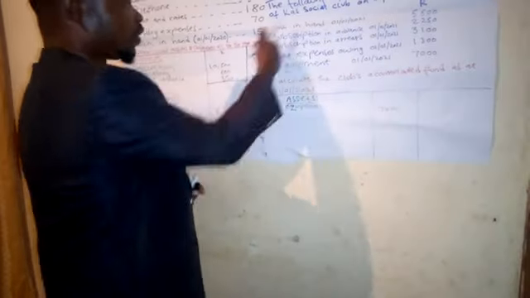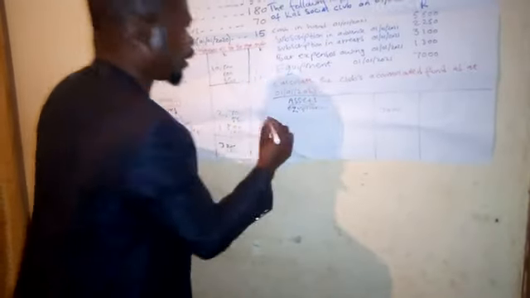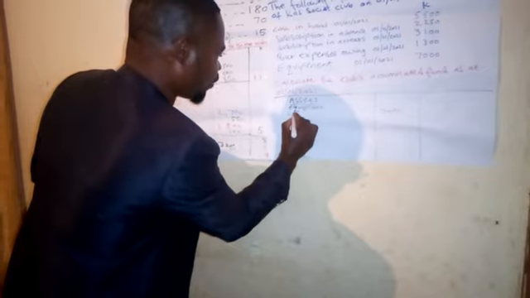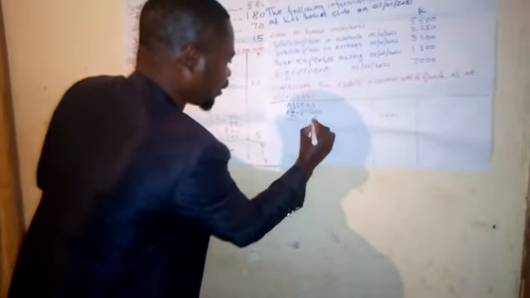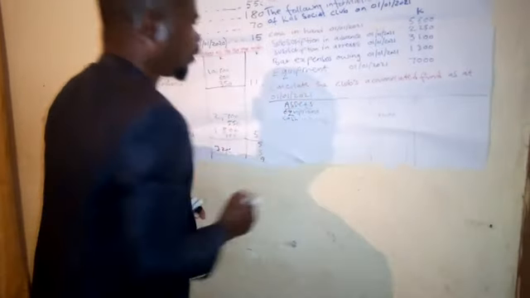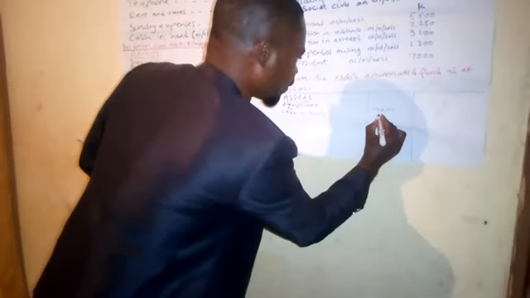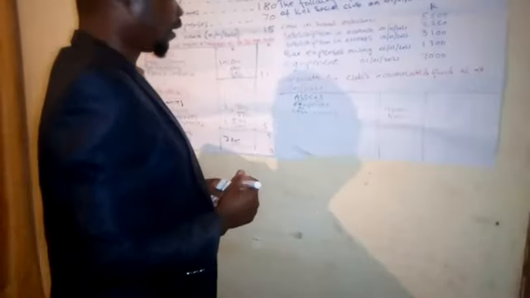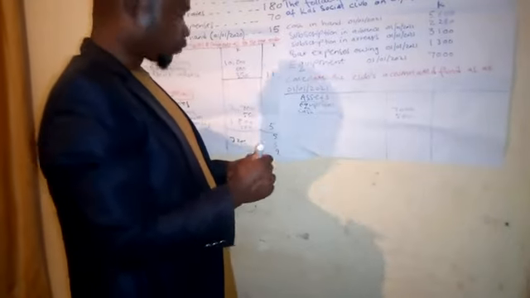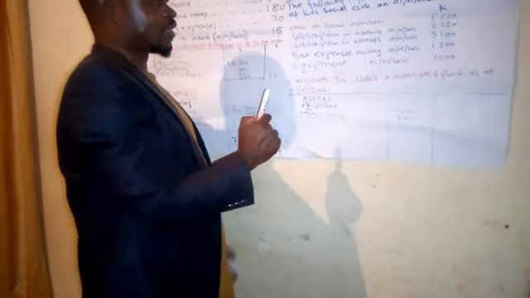Then we also have cash in hand. Deliberately I've picked on cash in hand so that I explain on the subscriptions. Cash in hand is 5,600. Okay. Now we have subscription in advance and subscription in arrears.